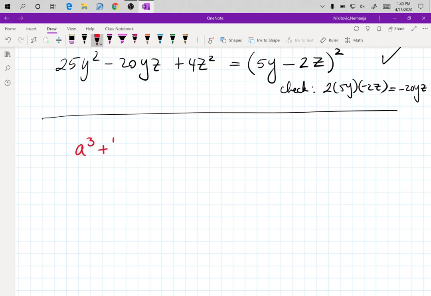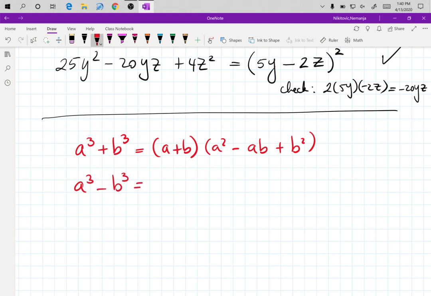A cubed plus b cubed is equal to a plus b, a squared, change the sign, ab plus b squared. There's no 2 now. And a cubed minus b cubed is a minus b, a squared, change the sign to plus, and then plus b squared. So these are sum and difference of 2 cubes.